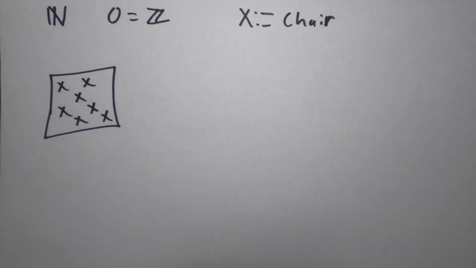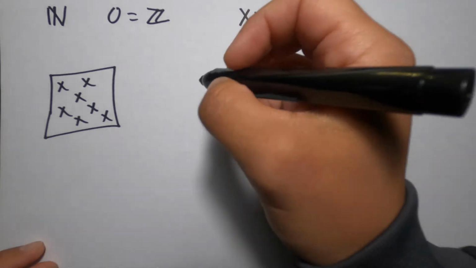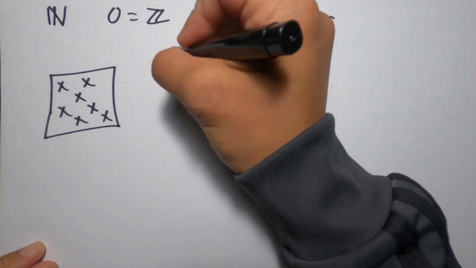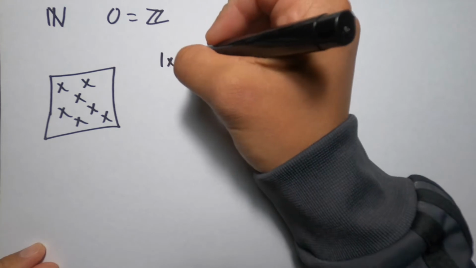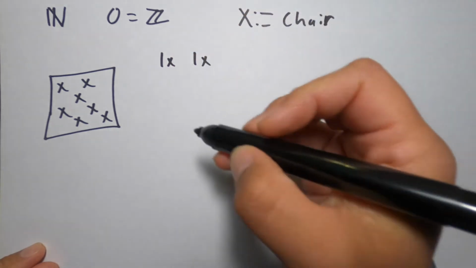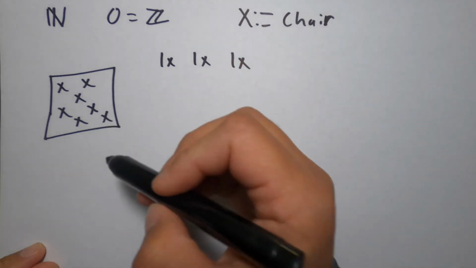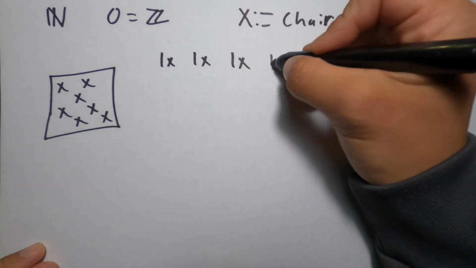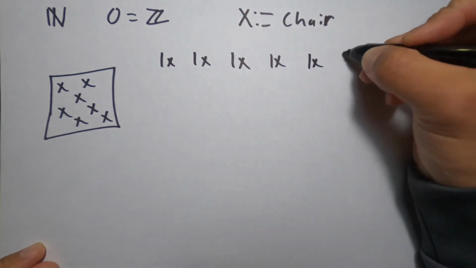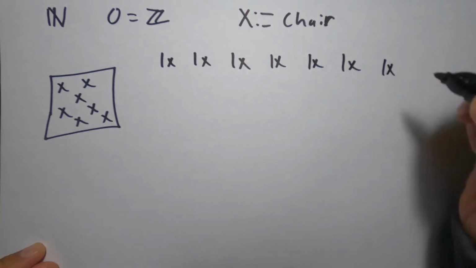Well, we could do it a couple of ways. The long way to write this out is we have one chair, then we have another chair, then we have another chair. Let's see, this is 3. Then we have another chair, another chair, another chair, and another chair.